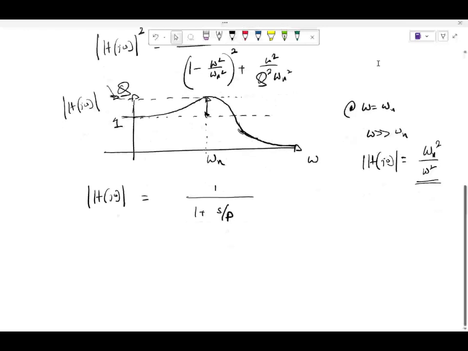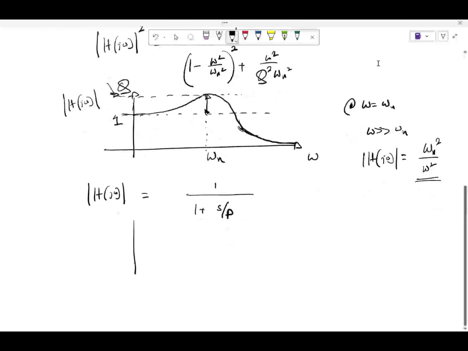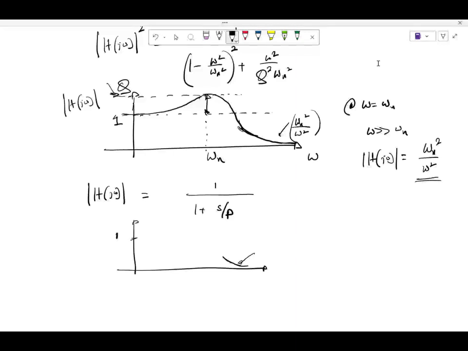And if I plot the mod of H of j omega of this, it will start off with 1, and at very high frequency, just like the second order goes as omega n squared by omega squared, this will go as P by S, so P by omega essentially, right?